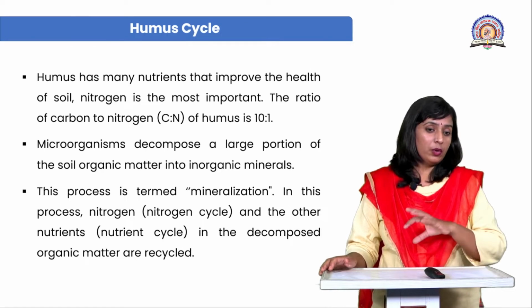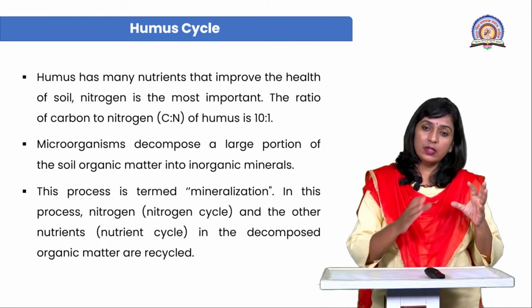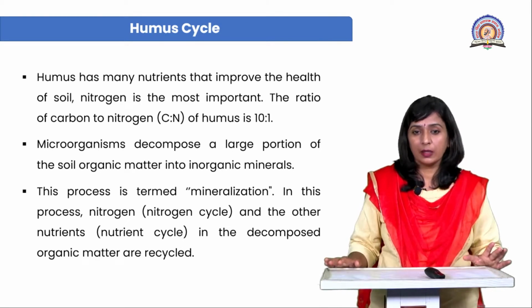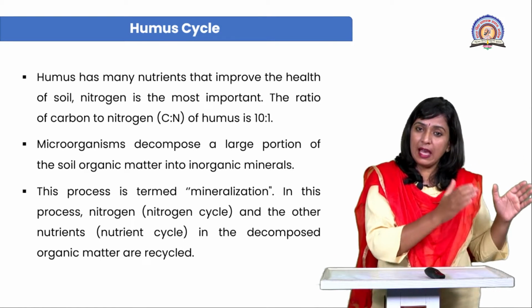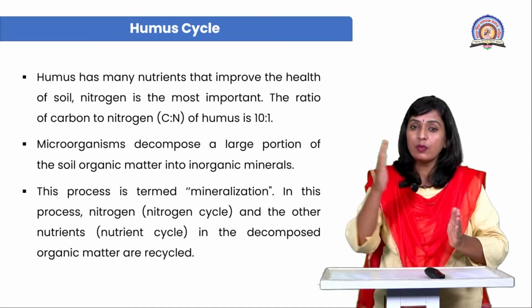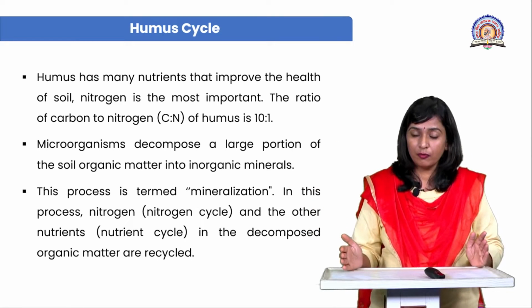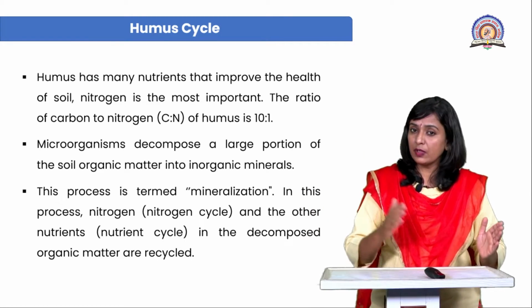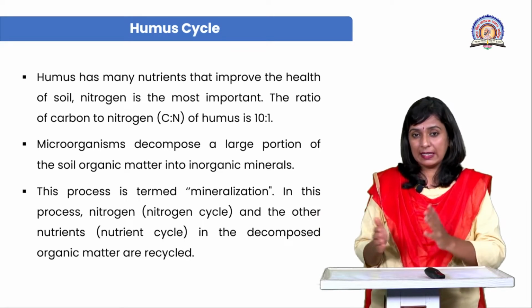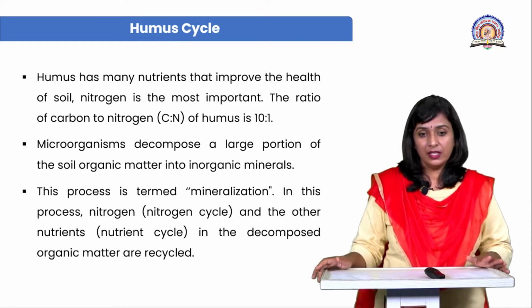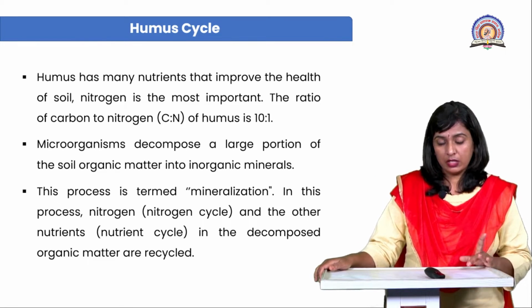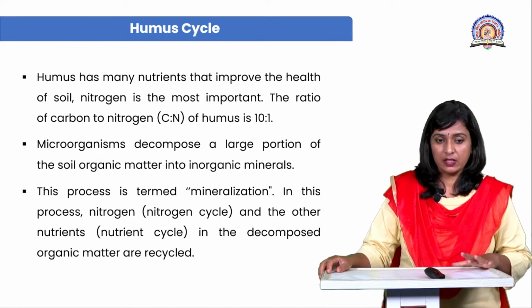Most of the organic matter is digested by them, releasing nutrients free. So that complex organic material gets converted into a simple form so that it can be available for the plants for their growth, right?